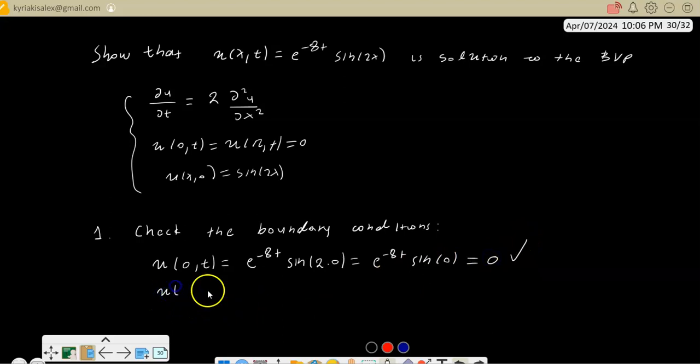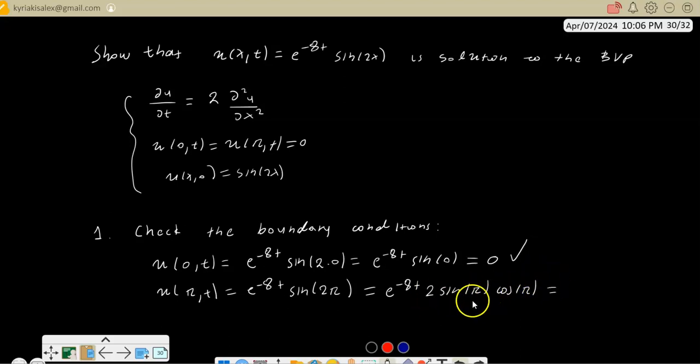Now I check for x equals pi. And this also gives me 0.